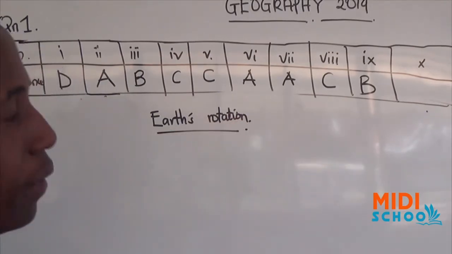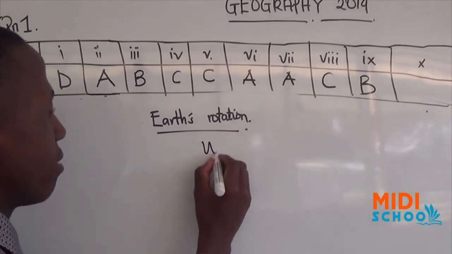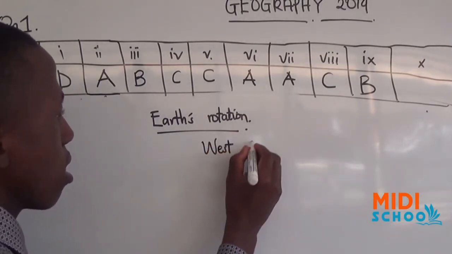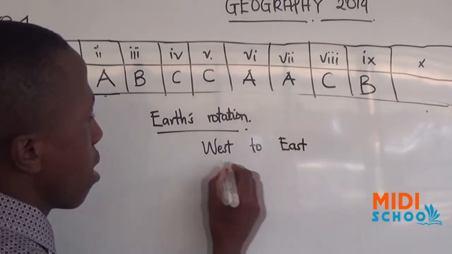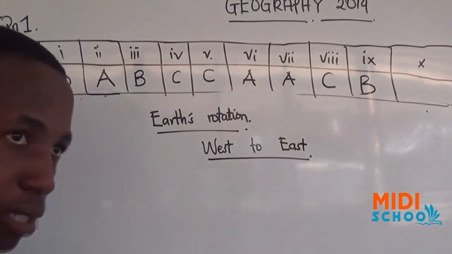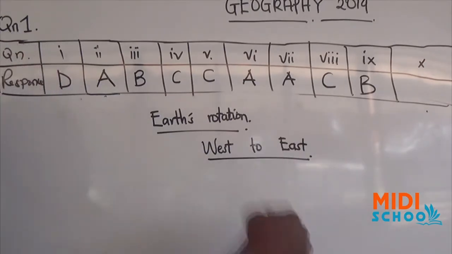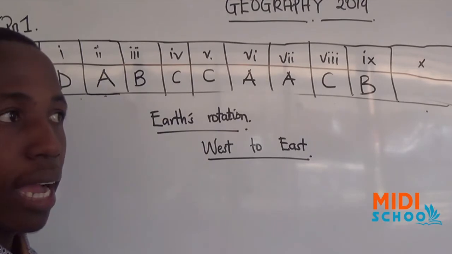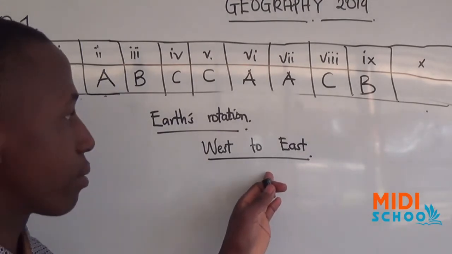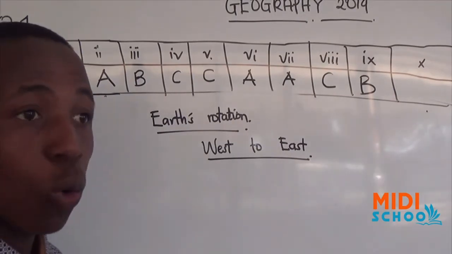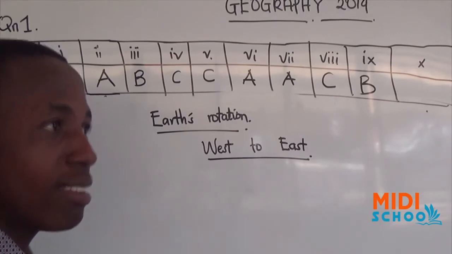From Earth's rotation. And Earth rotates always from west to east. And this guides how time will be, and again this guides on where wind will blow, either from west to east or from east to west.